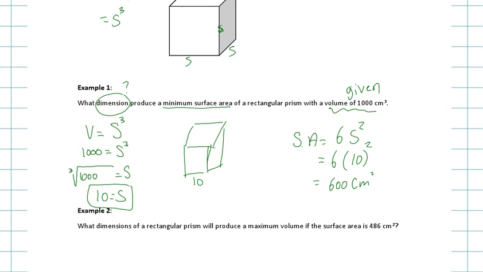So, make sure you write your therefore statement. I can't multiply first and then square it, because the order of operations tells you you have to do the exponent first.